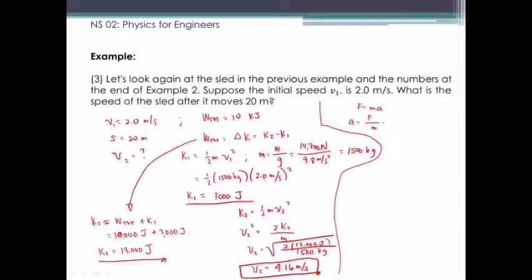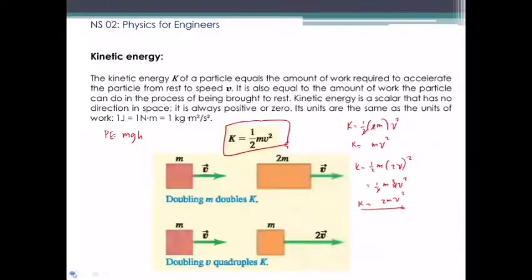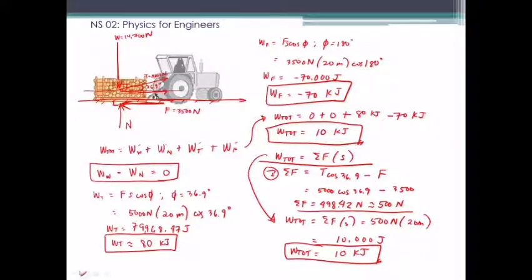Now the force for this one is, let us look at the forces that we need to consider. We only have two, since the weight has no force parallel to the displacement, and also the normal force.